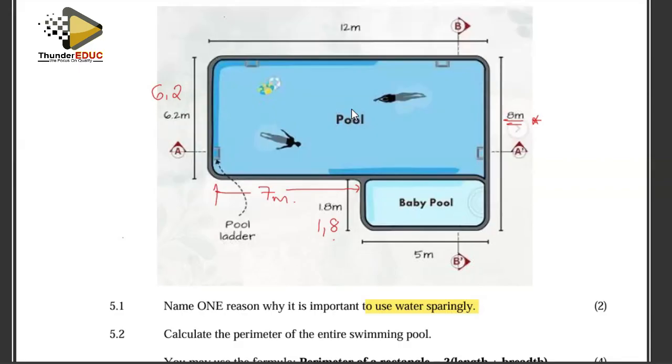Now, since we have a shape like this, we can label it A, B, C, D, E, and F. Perimeter, we are moving around the shape. That's the perimeter, the total distance around a given shape.